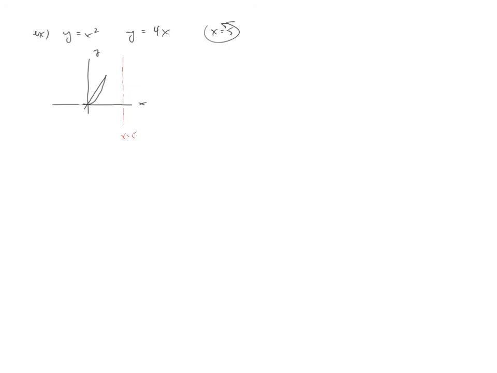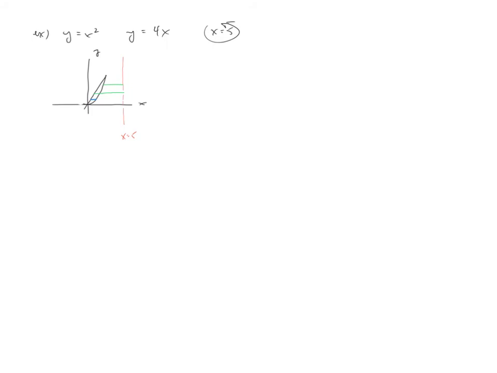Okay, so as we go around x equals 5, there's a few things that I notice. The first thing is that we're going to need to go dy in this particular problem. And so if we go dy, we know that we would draw this horizontal in here. And we would also know that the radius now is going to need to be changed by these extensions, okay, much like the last one.